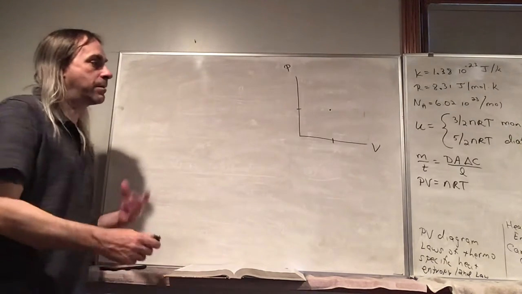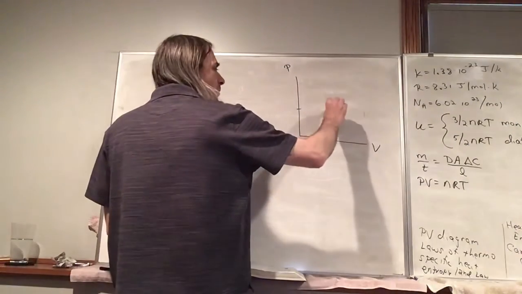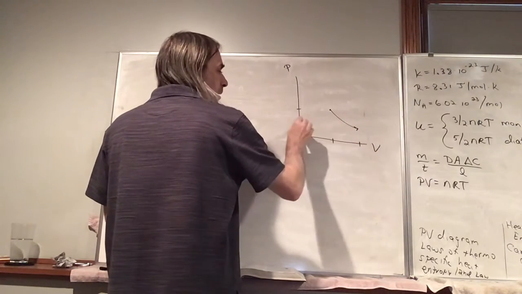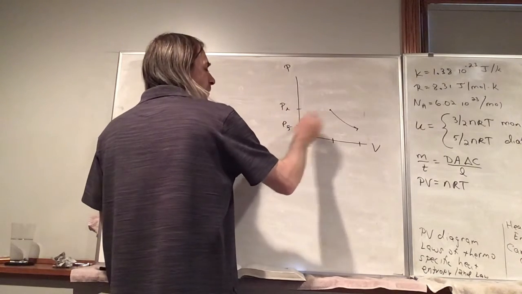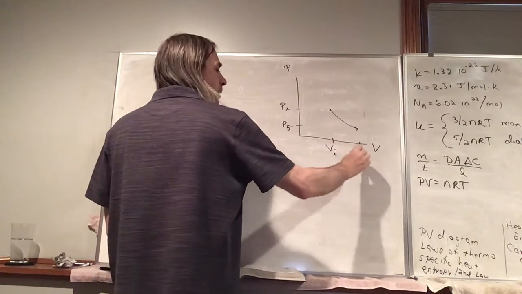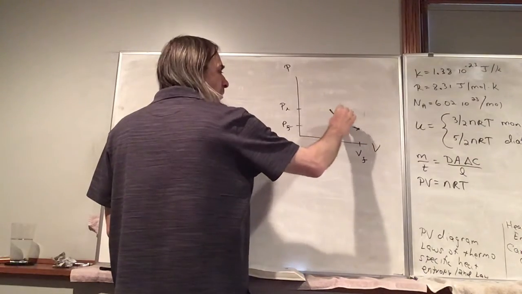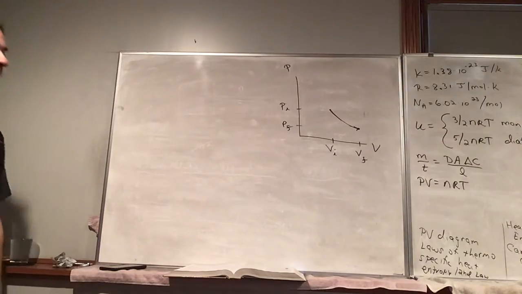And of course, these variables can change. So let's say we have something like this, with an initial pressure and a final pressure, an initial volume and a final volume. It's going to go through some process where the pressure and volume are constantly changing.